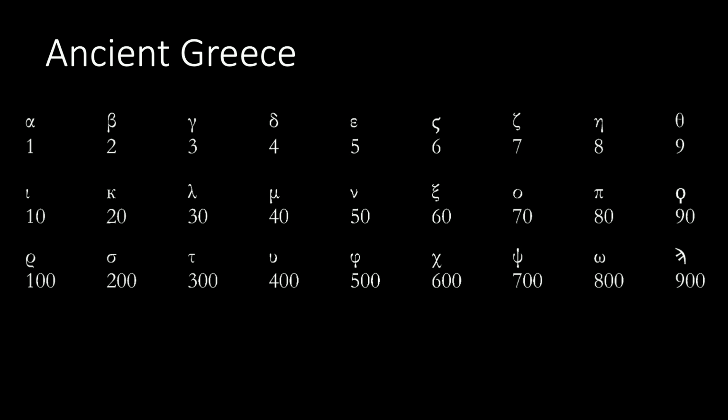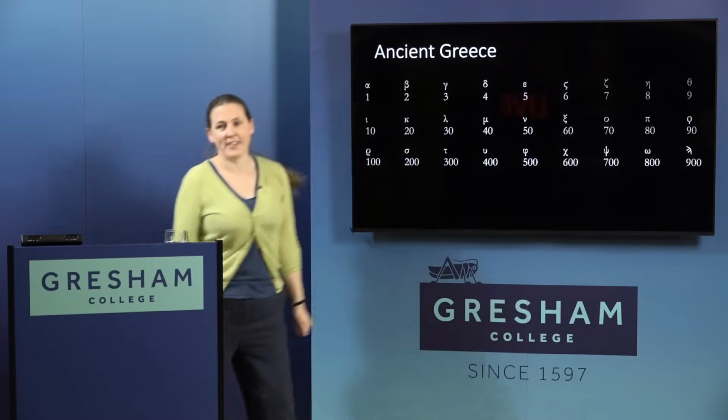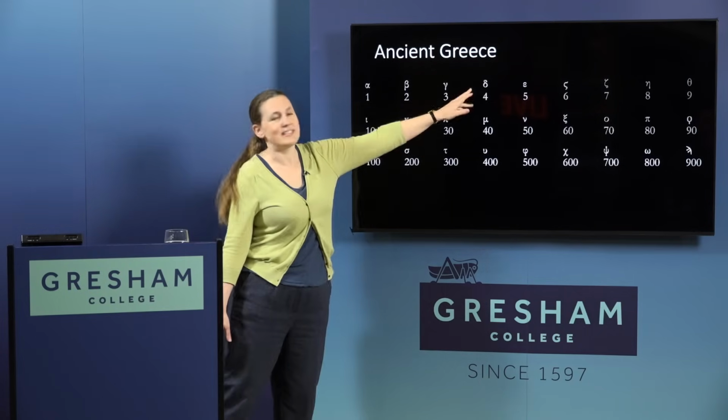But then once you get up to 10, the numbers 10, 20, 30, 40, 50, 60, up to 90 are the next letters of the Greek alphabet. And then you have symbols again carrying on for 100, 200, and so on. So you can write 444 with upsilon and mu and delta. So mu is 40 and delta is 4.